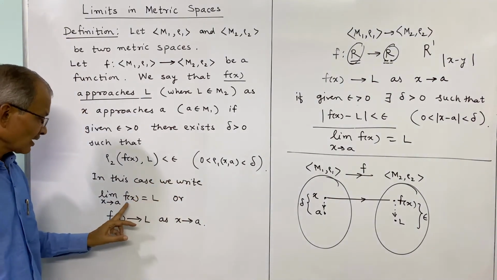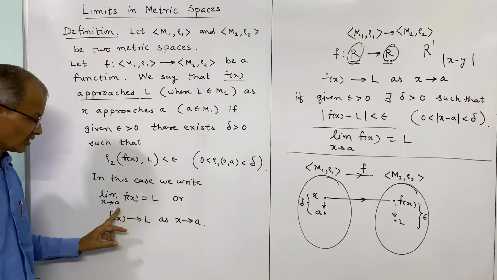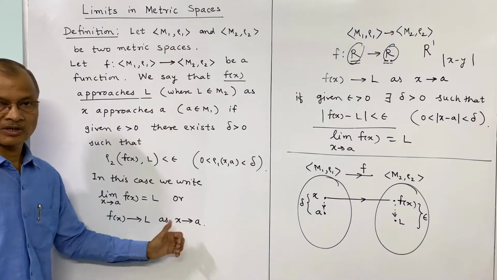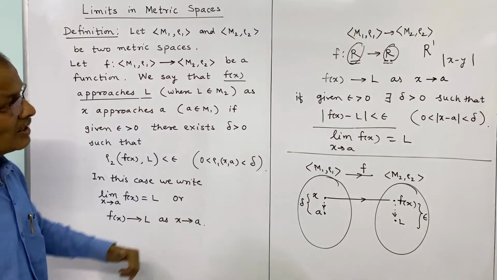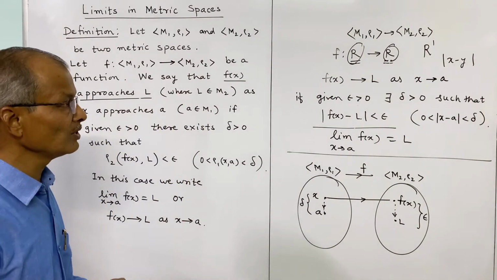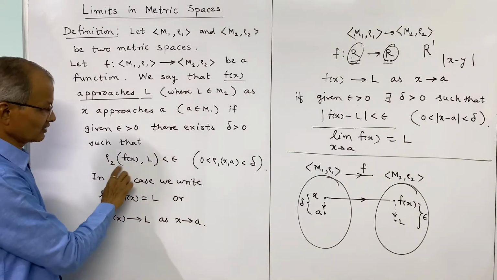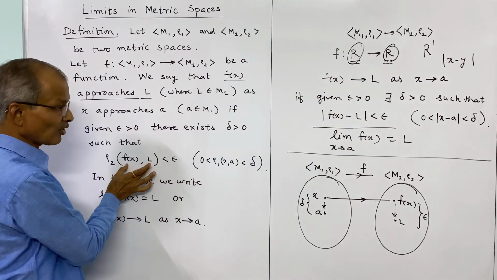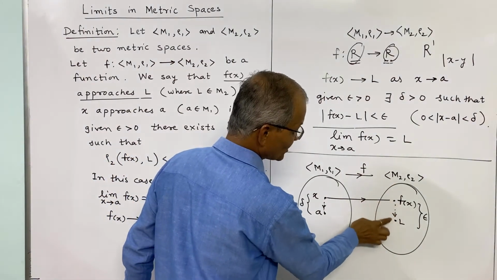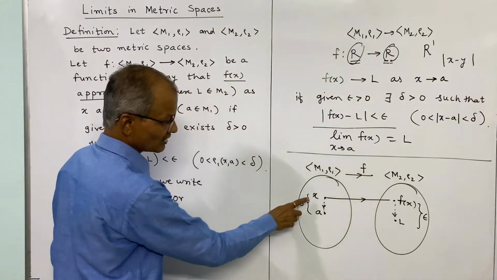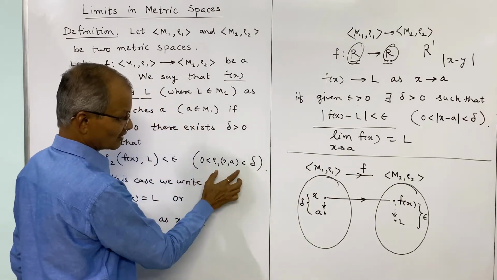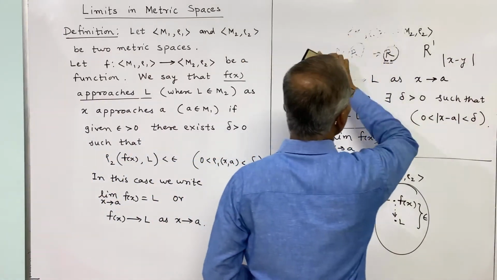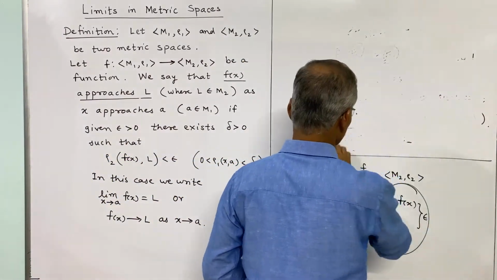Then we say limit of f(x) is L as x tends to a, or we write f(x) approaches L as x tends to a. So the meaning of limit remains the same, only the change is we have used the respective metrics for denoting the distances. These are the points in M2, and distance is measured in terms of rho 2. These are the points in M1, and the distance is measured in terms of rho 1. So this is the meaning of limit in metric spaces.